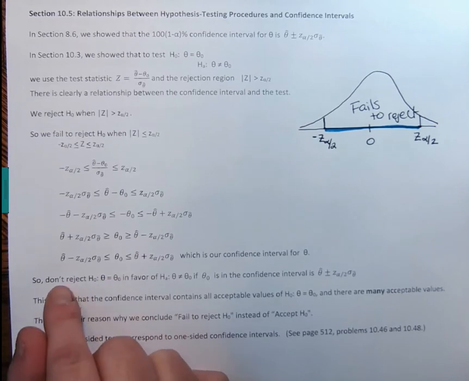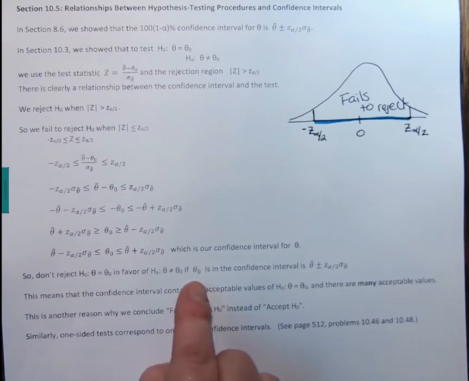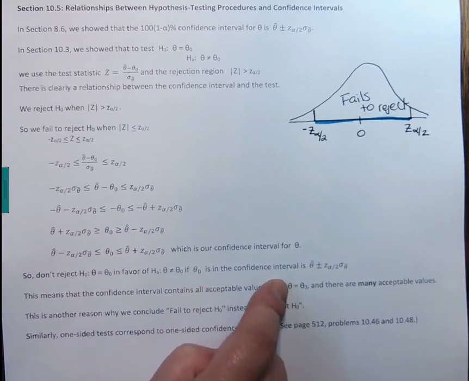So what this tells us is we're not going to reject if theta naught is in the confidence interval that we calculate. And the reason for that is the confidence interval that we calculate gives us a range of reasonable or plausible values for theta. And so if the value of theta naught is inside of that interval, then it's a reasonable value and we don't want to reject it.